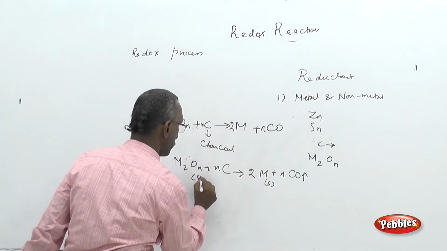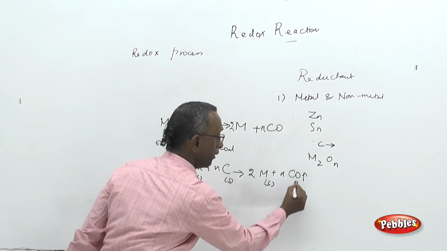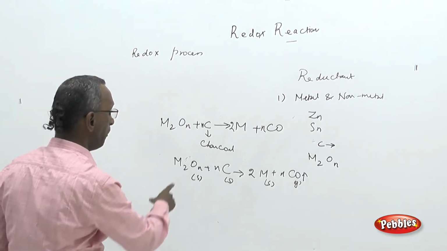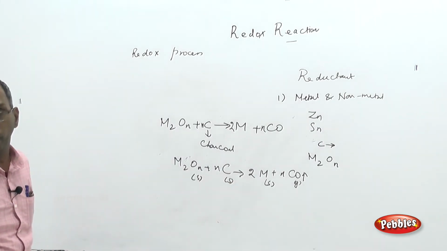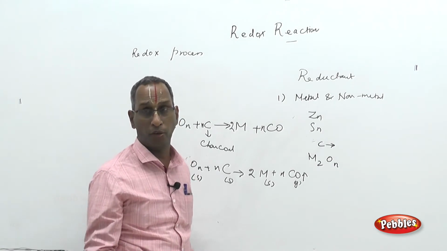The metal oxide may be a solid. Here carbon is used as the reducing agent. Reducing agent means metal oxides are reduced to metals. Reduction means removal of oxygen.